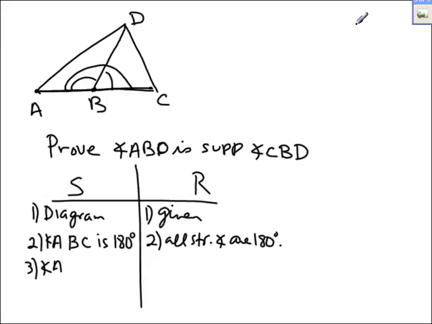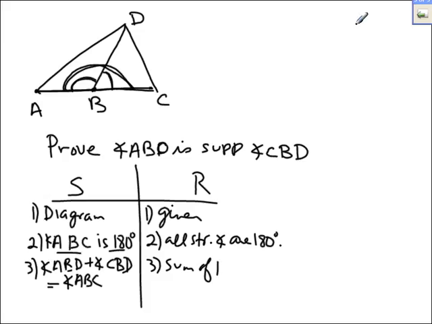Now I'm going to say that this angle plus this angle equals the whole. Sum of the parts is the whole. Angle ABD plus angle CBD is equal to angle ABC, which I already know is 180 degrees from the line above.